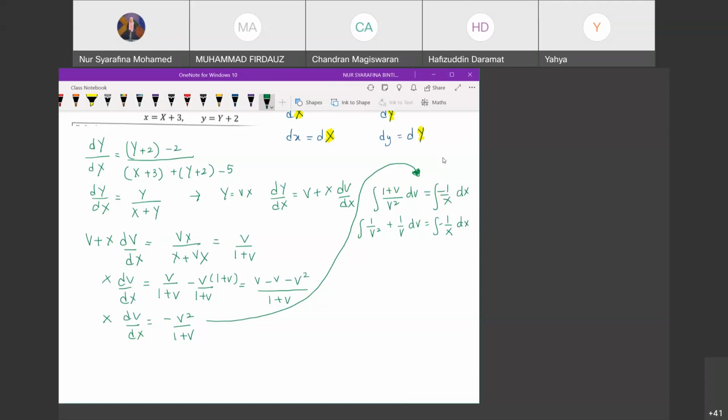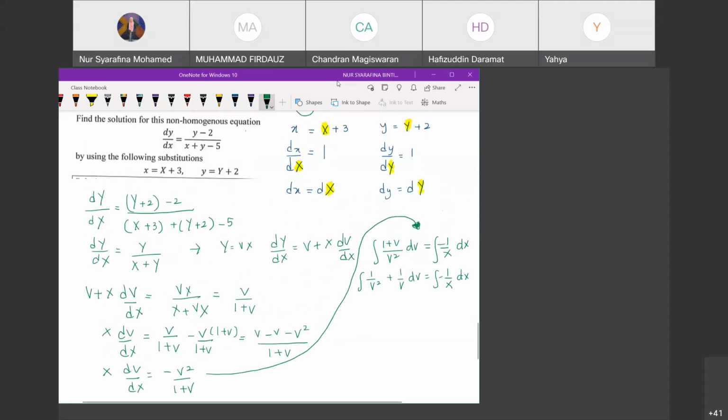We should get negative 1 over v plus ln v equals negative ln x plus c. All right, good. Okay, so negative 1 over v plus ln v equals minus ln x plus c. So you can simplify this.